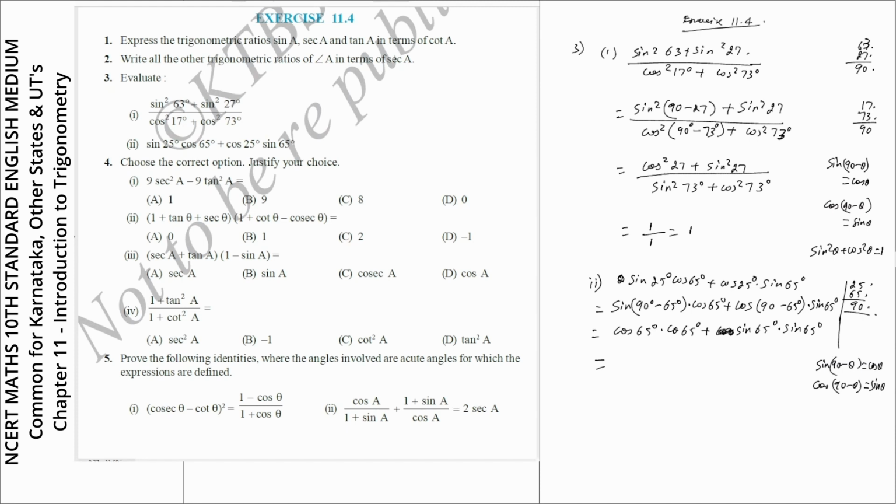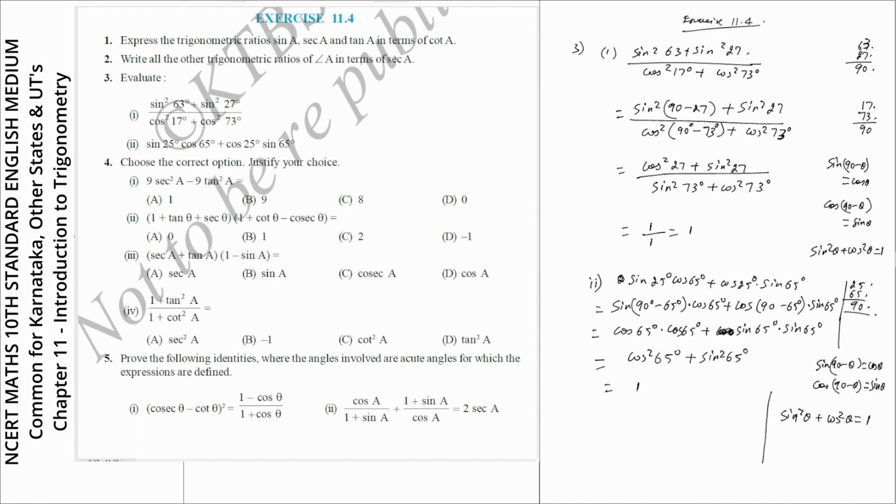So cos 65 degree into cos 65 degree is cos square 65 degree plus sine 65 degree into sine 65 degree is sine square 65 degree. So this is equal to 1. Why? Because sine square theta plus cos square theta is equal to 1. We learned this in trigonometric identity.